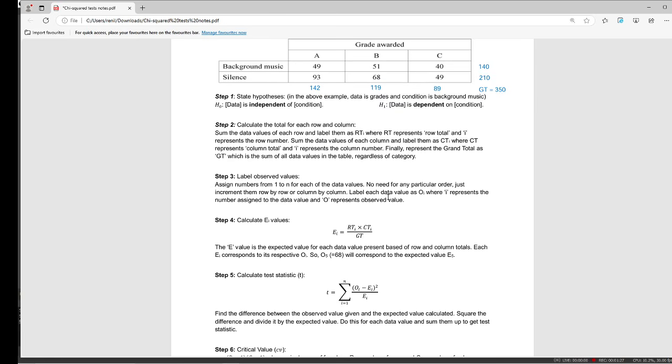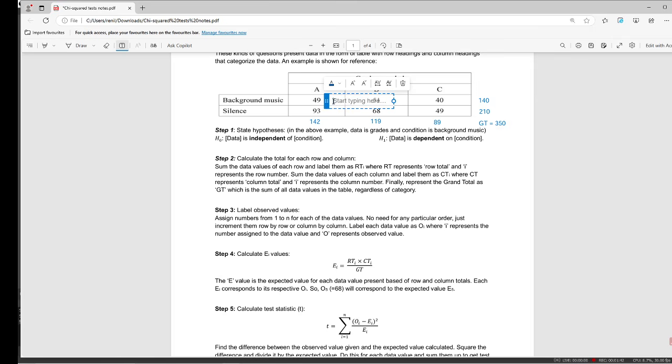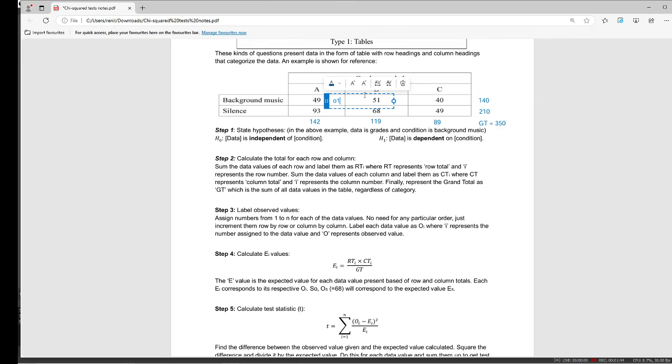Now step 3, label the observed values. We can first of all set these values as O1, O2, O3, O4, O5 and O6. So let's say this is 1, I'm going to call this O1. This will be O2.